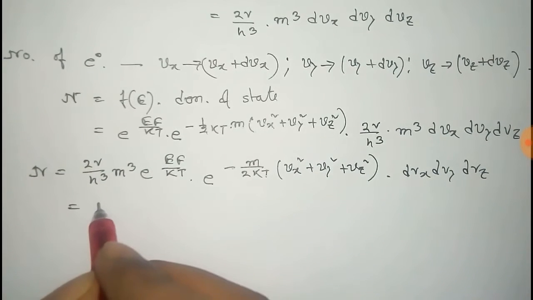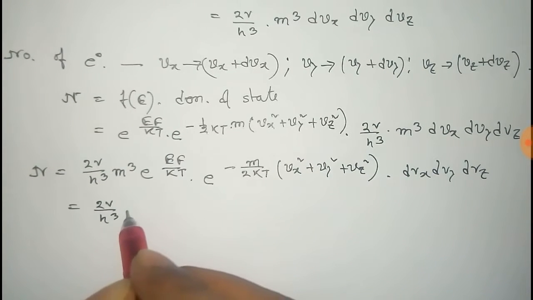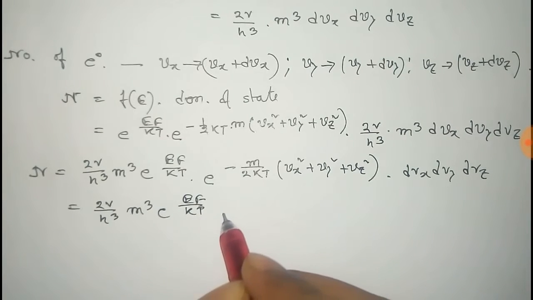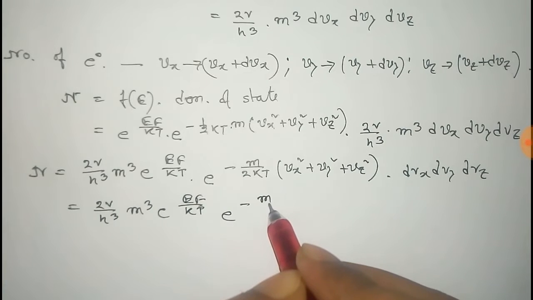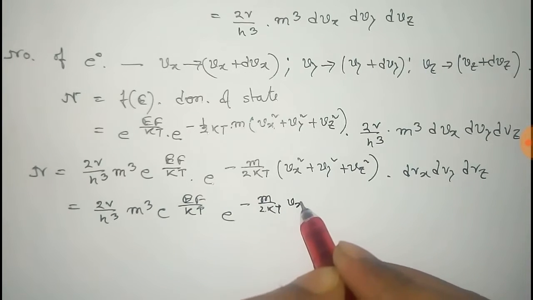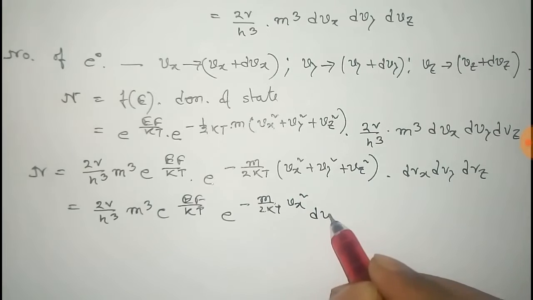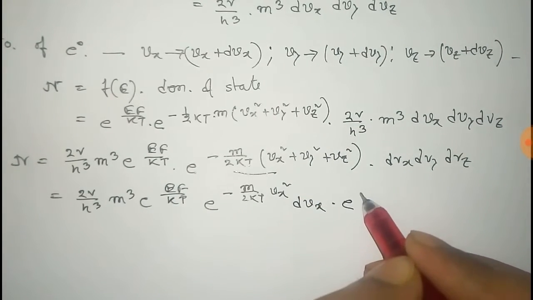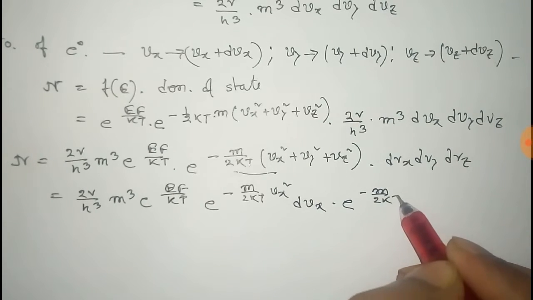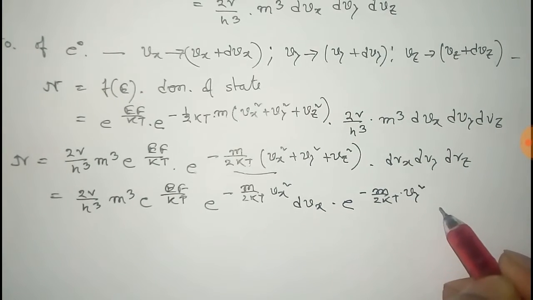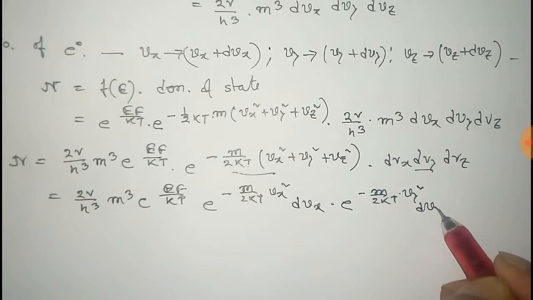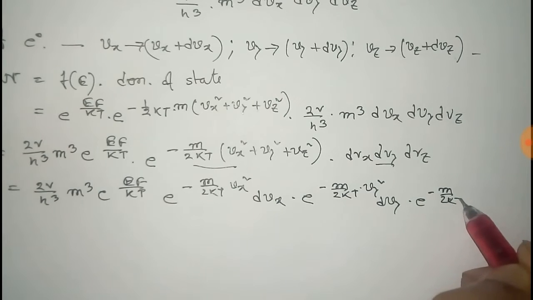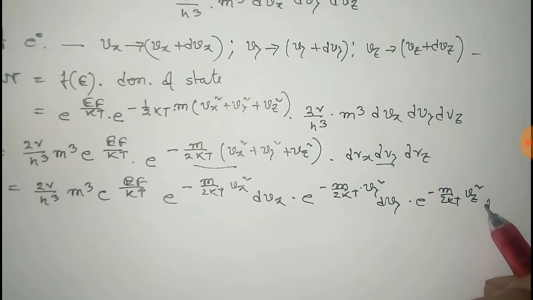Now we break the exponential function e to the power minus m by 2kT, so it becomes e to the power minus m by 2kT into vx square into dvx, into e to the power minus m by 2kT into vy square. We separate the components of vx, vy and vz, so we get this, dvz.